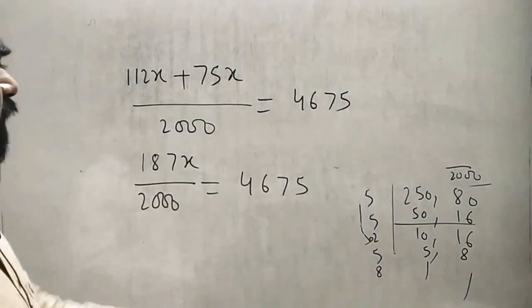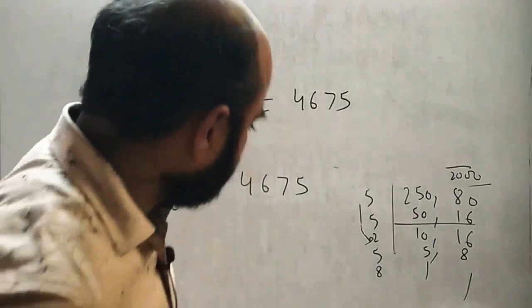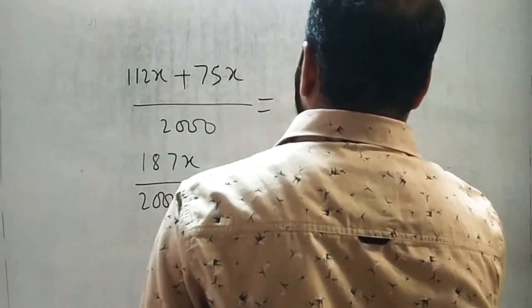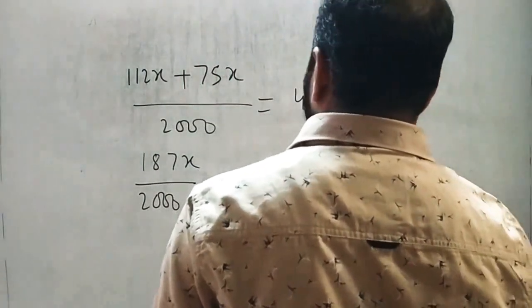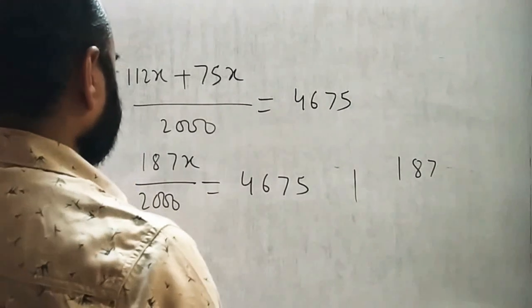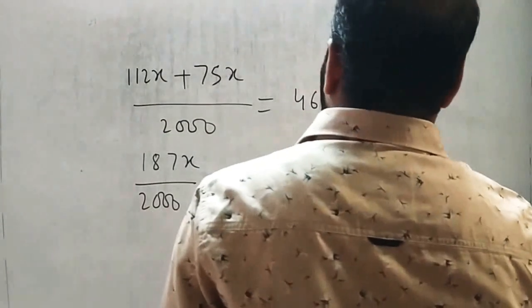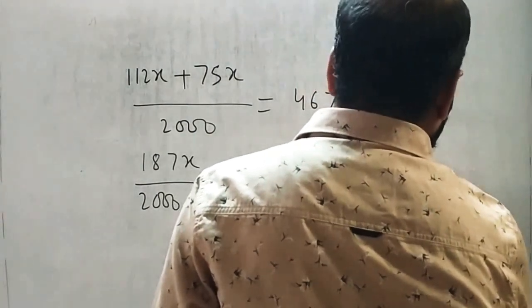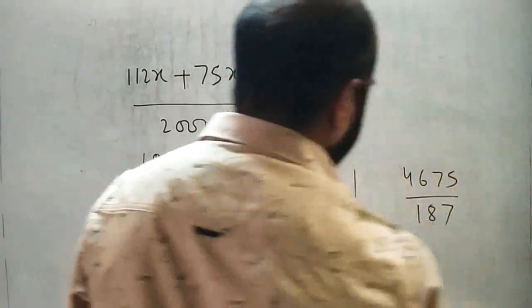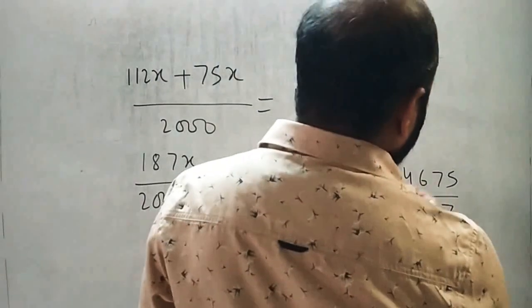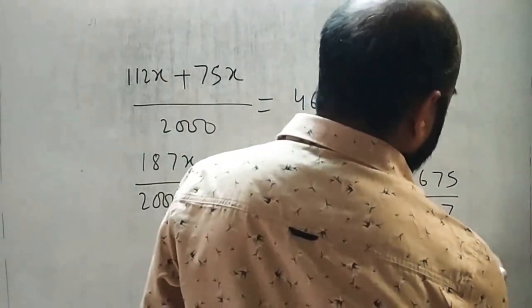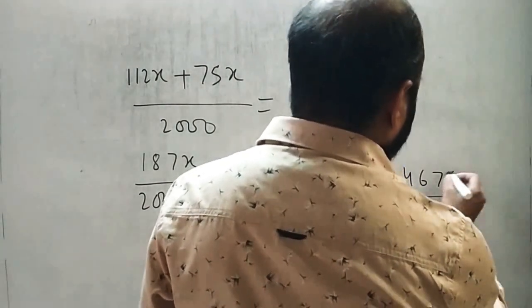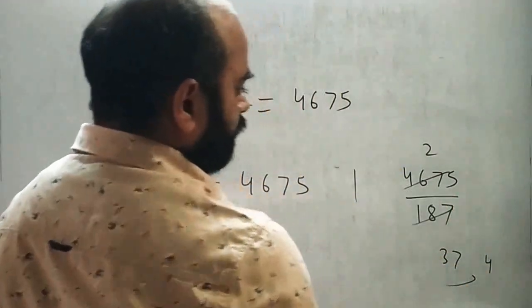So now we can divide 4675 by 187. It will be divisible. So we have to divide. First 2 times, so 2 times that will come.